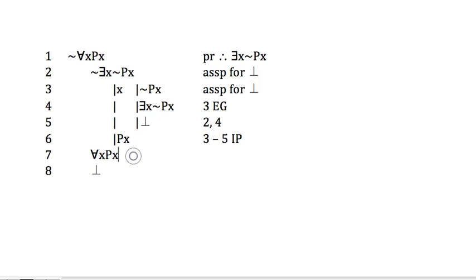By the way, let's put the notation for this. This was 3 through 6, universal generalization. We have a contradiction here between 1 and 7. And because we have this contradiction, we can now do our scope line.